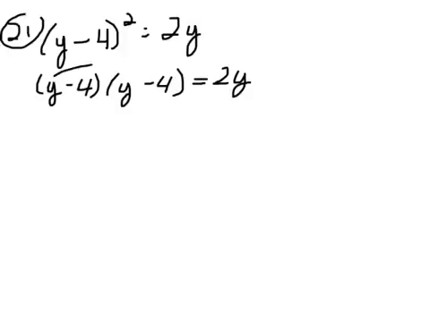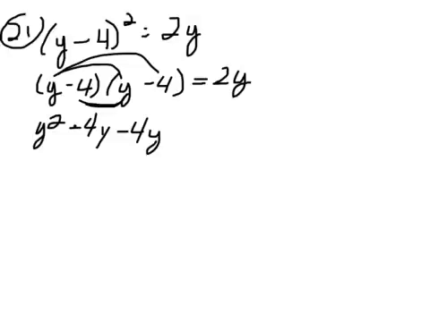In order to simplify this, I'm going to have to multiply this out because y times y is y squared. y times negative 4 is a negative 4y, and here's another negative 4y when I multiply this negative 4 times this y, and negative 4 times negative 4 is positive 16. All right, on the left-hand side, I can add minus 4y and minus 4y together.